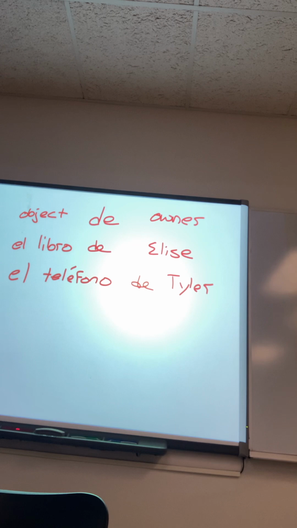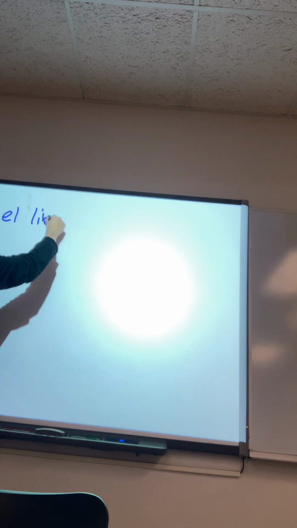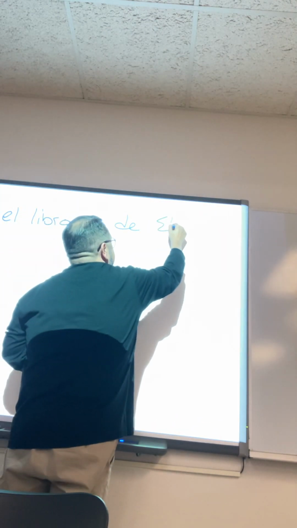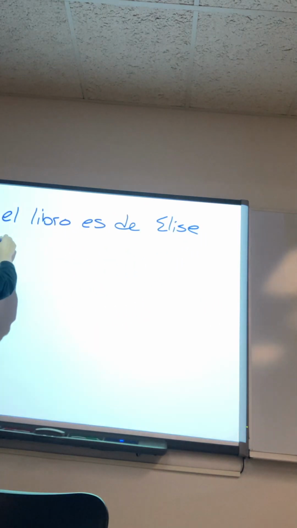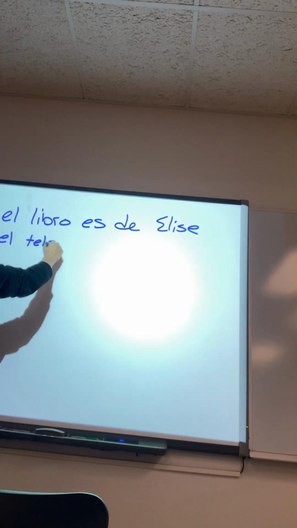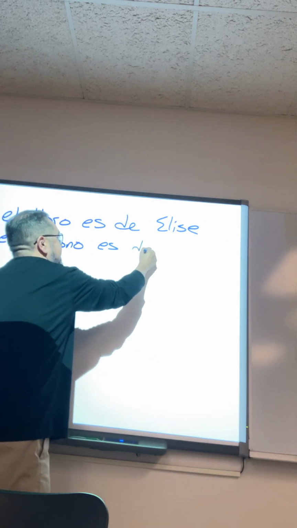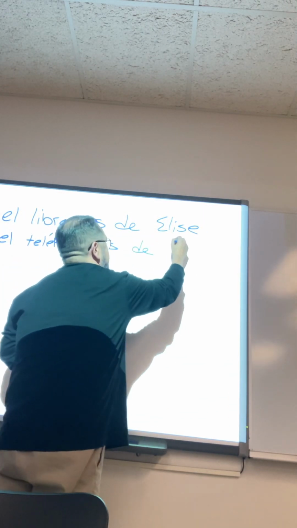Now, the longer way, we actually throw in a verb. So we could say something like, let me do a different color, el libro es de Elise, or el teléfono es de Tyler.